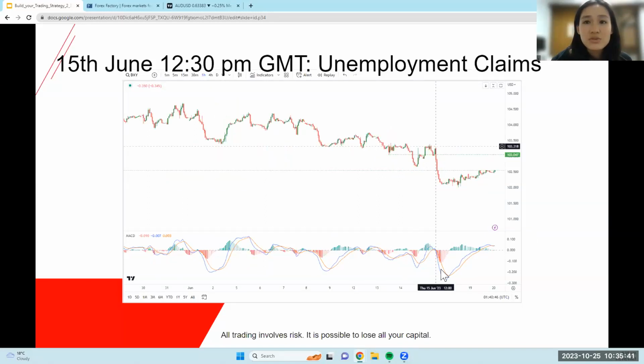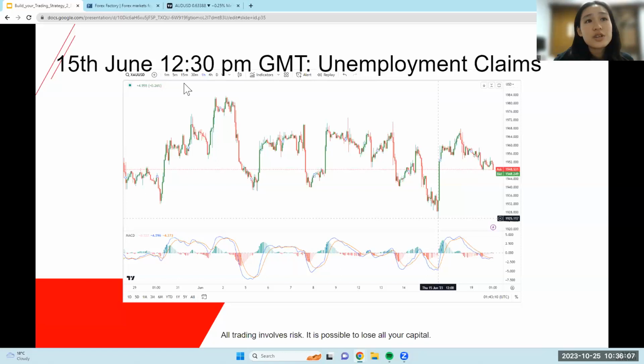So we see this drop. If we recap what we talked about for the MACD, you can see price cross over here, the signal line and the MACD line, price crossed over. And then we also see this red histogram, the red area. So very bullish signals, and you see price drop at that timing.